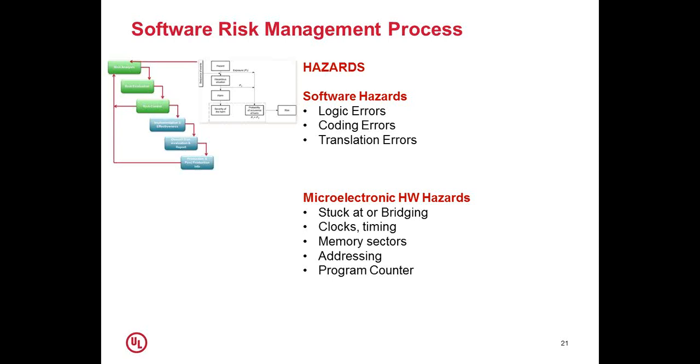Sometimes EMI interference and voltage variations can result in the microelectronic devices getting damaged, and we have seen that over a period of time the memory sectors can go bad.